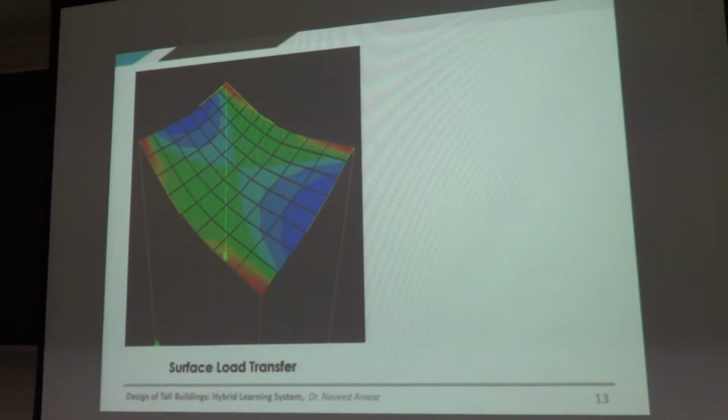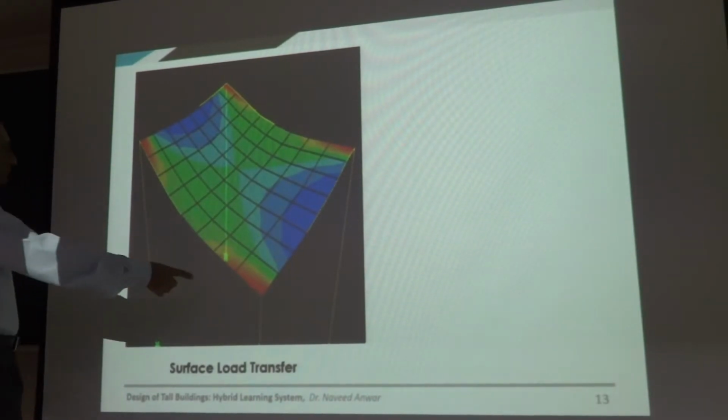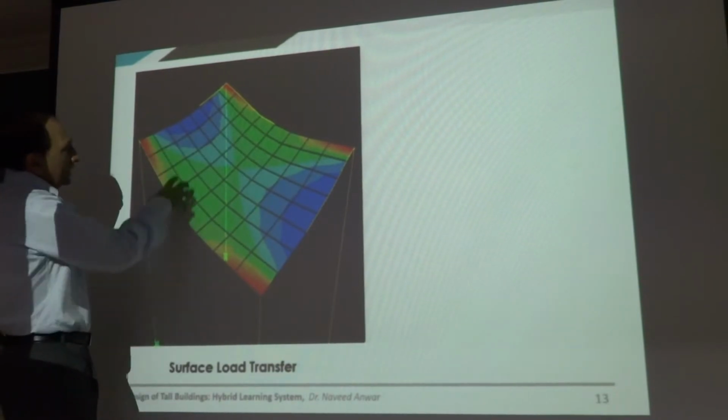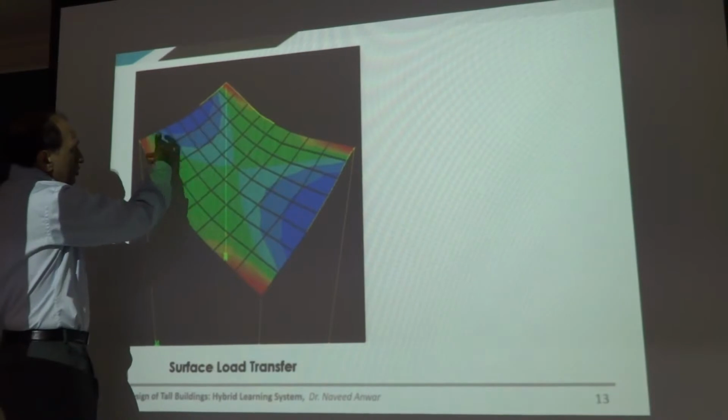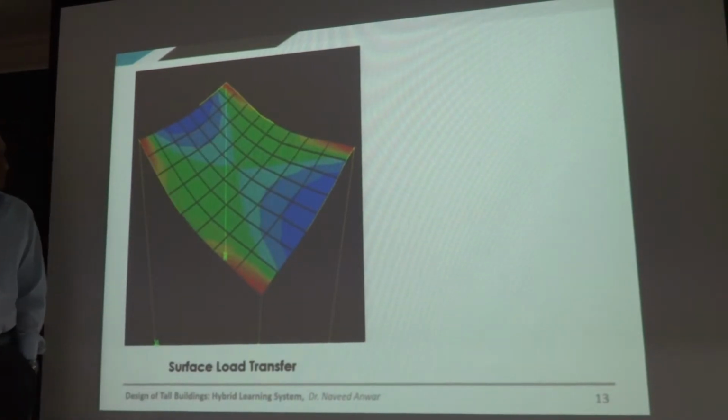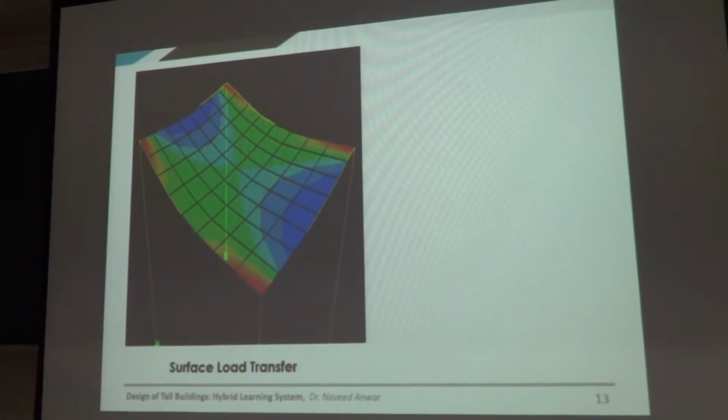Now we try to see how the deformations will work on the surface load transfer. So this is a slab which is supported by 4 columns, and then if you apply the load, it will be deformed like this. And these contours tell you the moment values in that location.